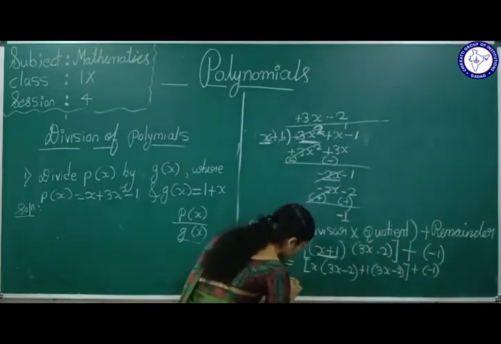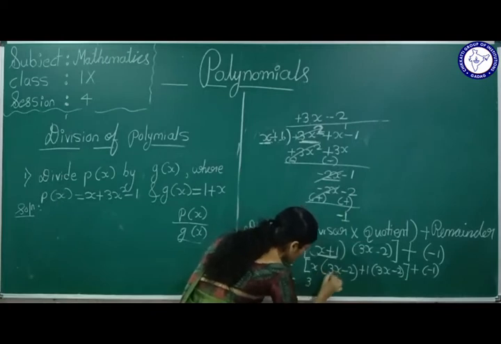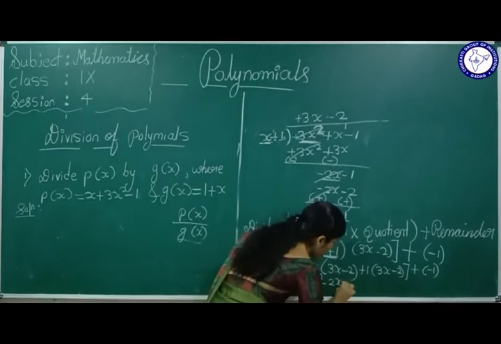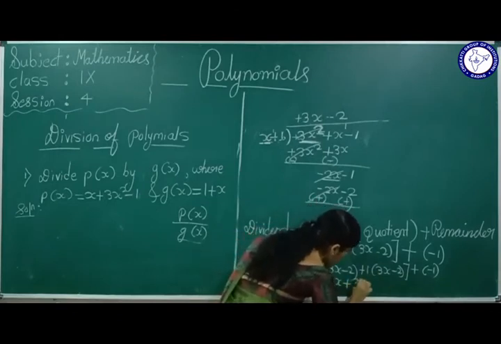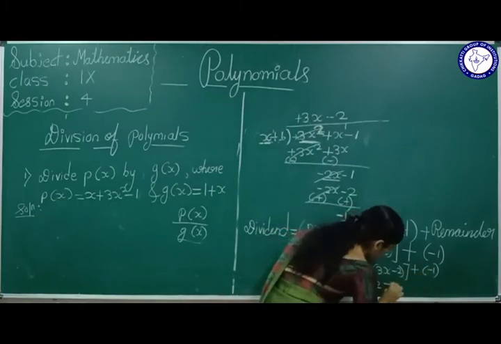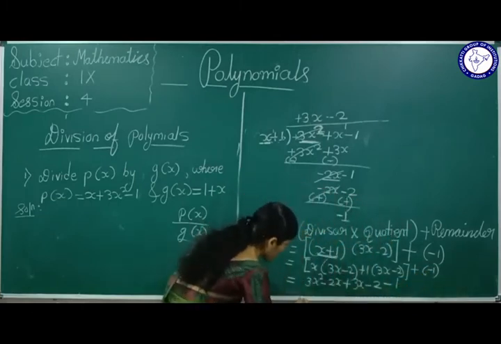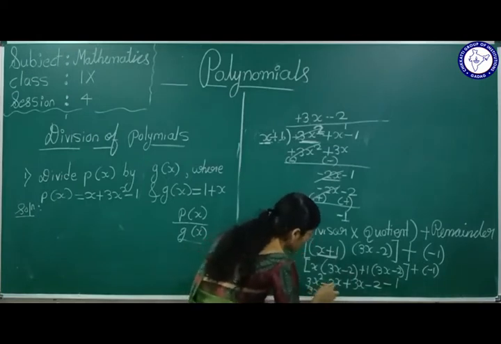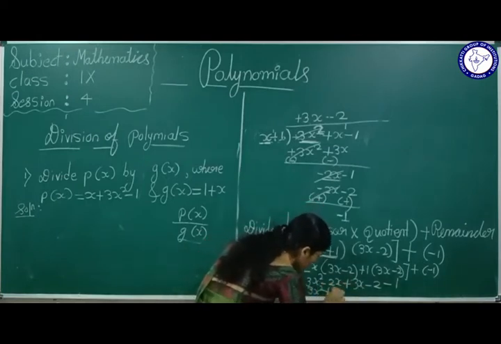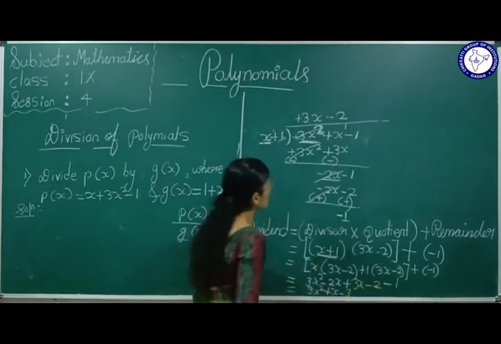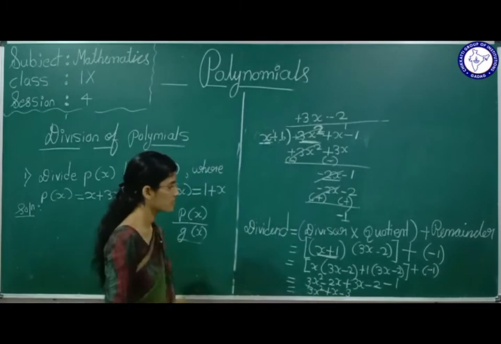So 3x into x is 3x square, minus 2x plus 3x, plus minus is minus, 1 2s are 2, plus minus is minus 1. This is equal to 3x square minus 2x plus 3x is plus x, minus 2 minus 1 is minus 3.